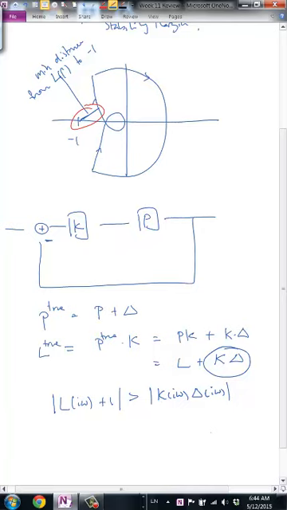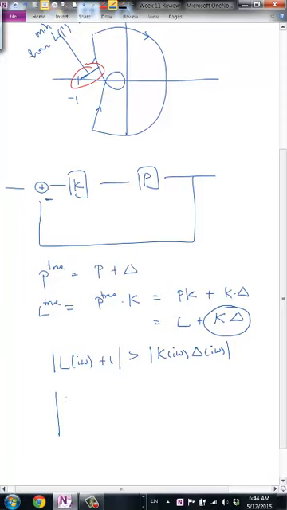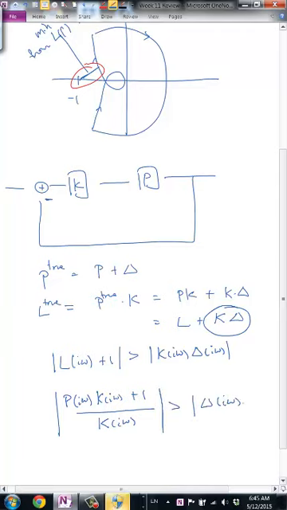So let's rewrite this: P of i omega K of i omega plus 1, divided by K of i omega, must be bigger than delta of i omega.